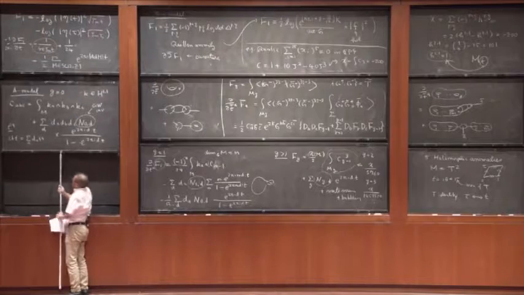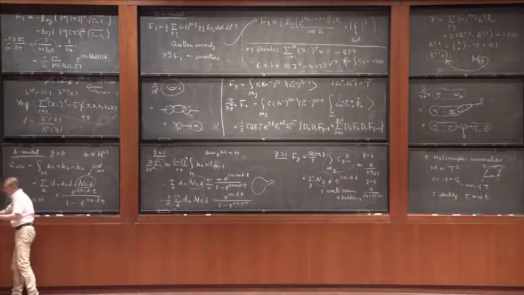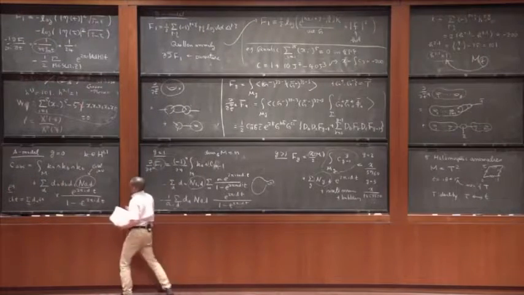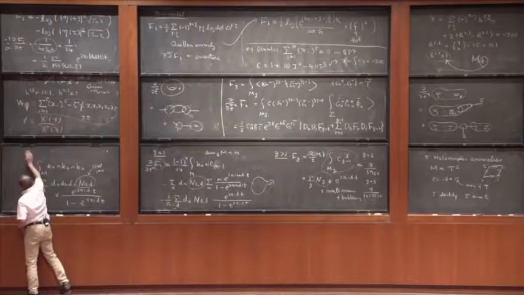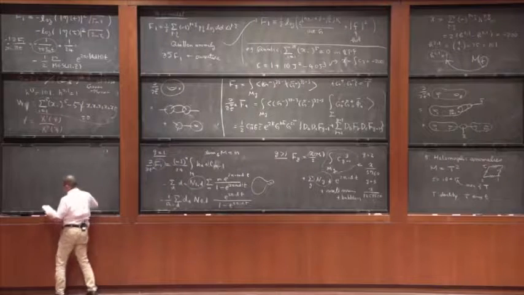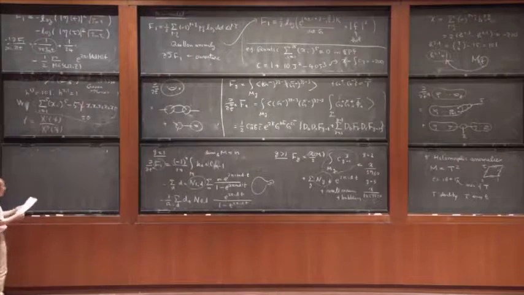So it turns out that you can use this formula to compute F_g to all order in g for a class of non-compact Calabi-Yau manifold, called the quintic. So I have to tell you what kind of boundary condition you choose.